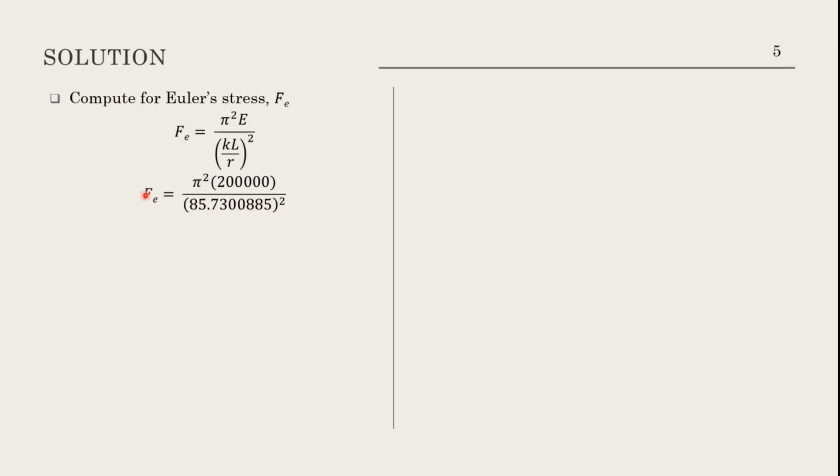So we use that in determining F sub E. So we have pi squared E divided by the square of this slenderness ratio. So therefore, we have 281.497695 megapascal.